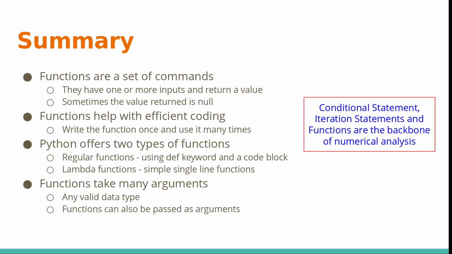A function can take many arguments, any valid data type or data structure, but you can also pass functions as arguments to functions. And it's always a good idea to write your functions up front because they need to be in the memory for you to use them subsequently in the program.